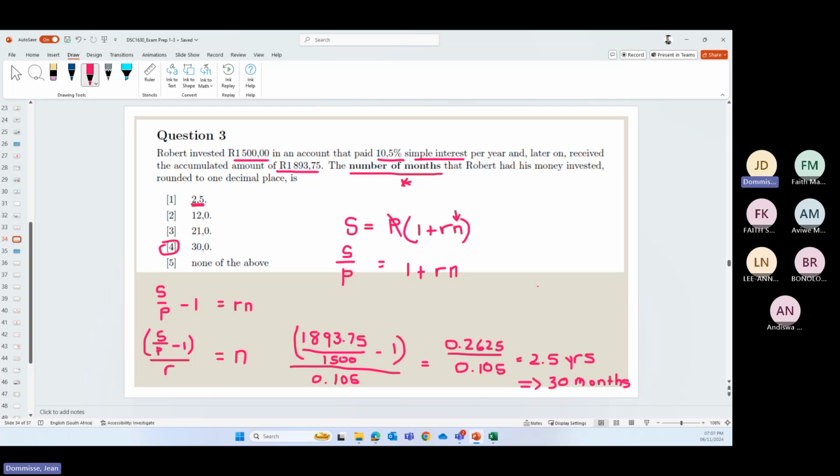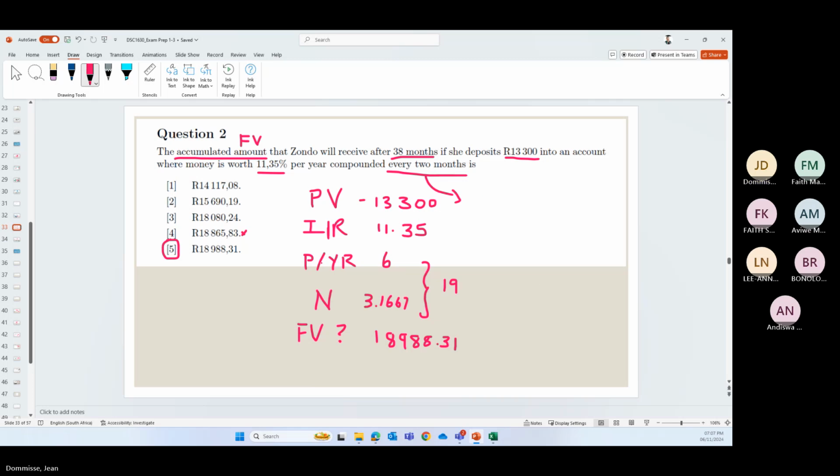The same with the previous one: every 2 months just throws one off, because it's supposed to be a simple compound interest question, but that makes it so that you can make a mistake. And the scary thing is, if you make that mistake, there is an answer for it.